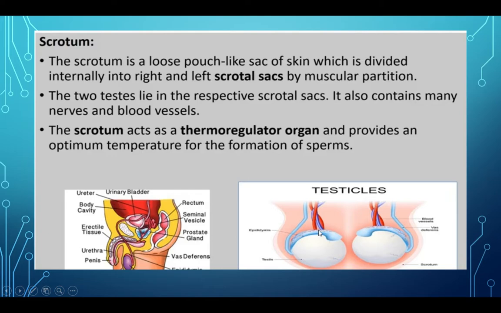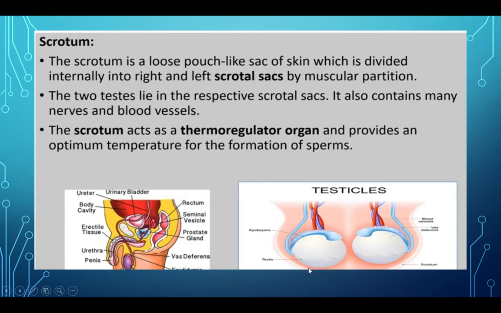So the scrotum is a loose pouch-like sac of skin which is divided internally into right and left scrotal sacs by a muscular partition. You can see here, the muscular partition is there. You can see the bag-like structure lying inside the pouch-like sac, that is called the scrotum.